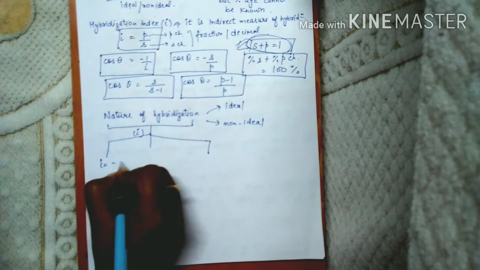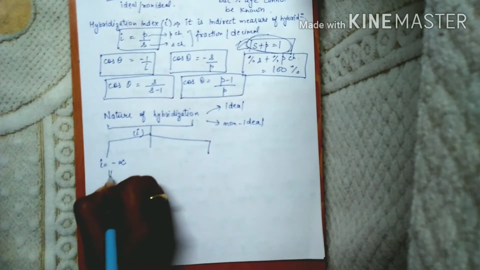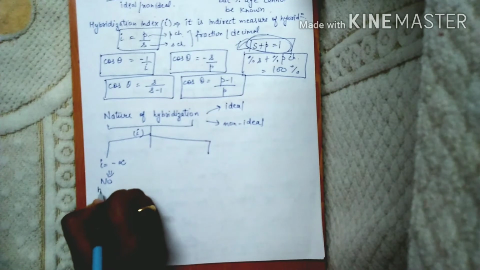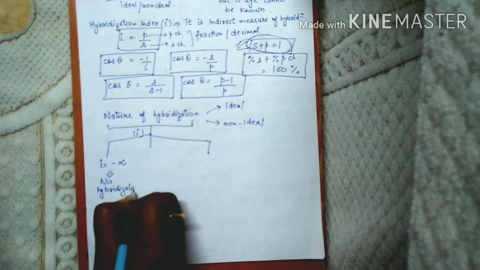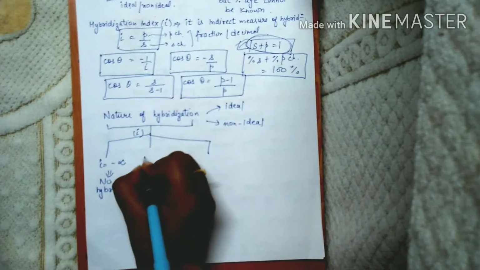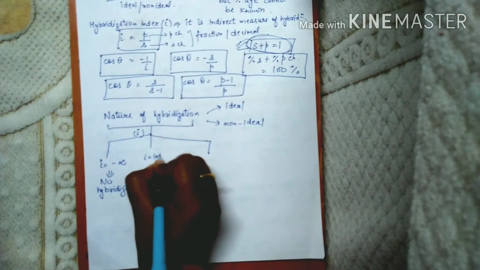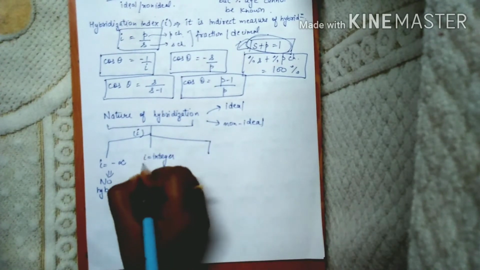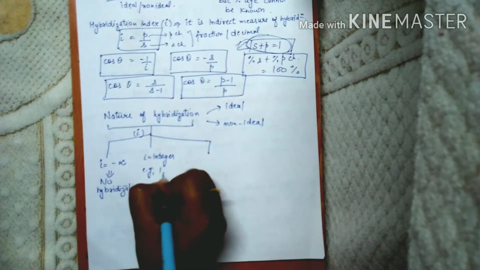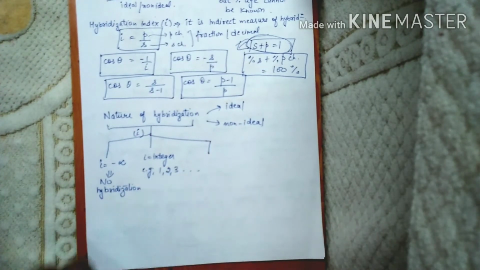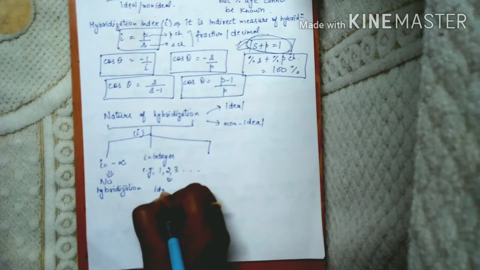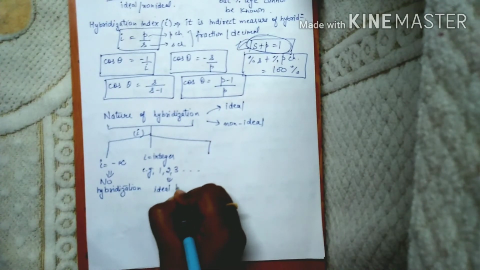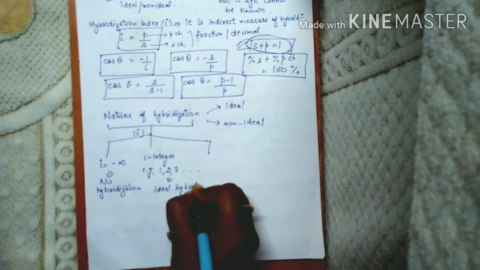If i is equal to minus infinity, then this is the case of no hybridization. If i is any integer, for example 1, 2, 3, and so on, this is the case of ideal hybridization.